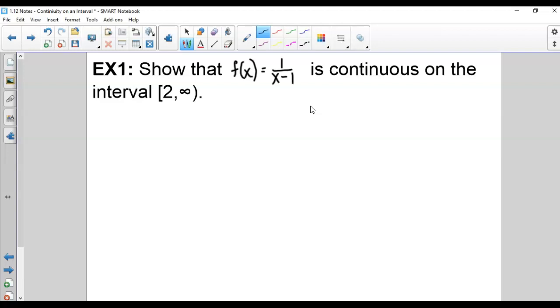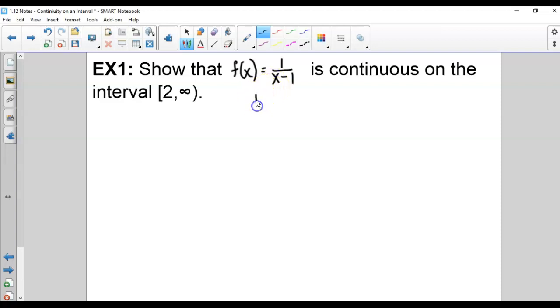So, we just have to look for the domain of this particular rational function. With a rational function, how do I tell what is not part of the domain? What's going to give us problems with the domain? 1. That's the only thing, right? I can't have 1 because it's going to give me a 0 in the denominator.